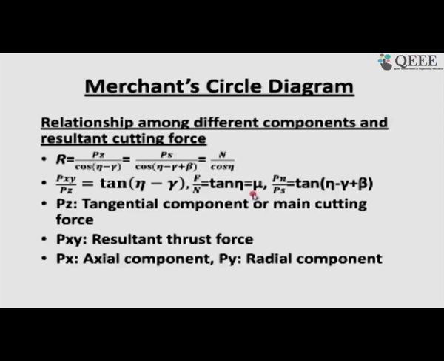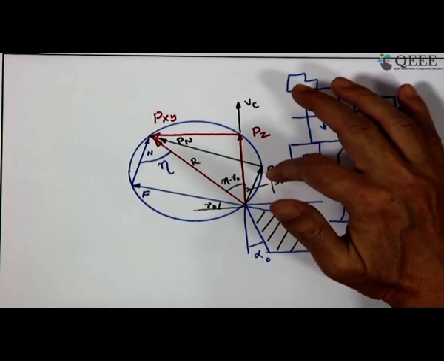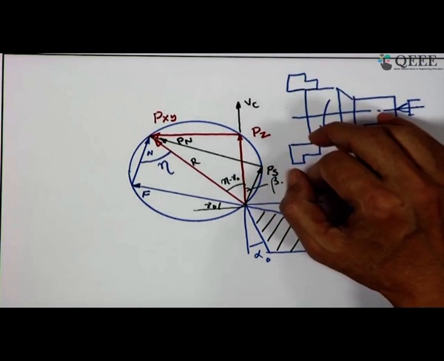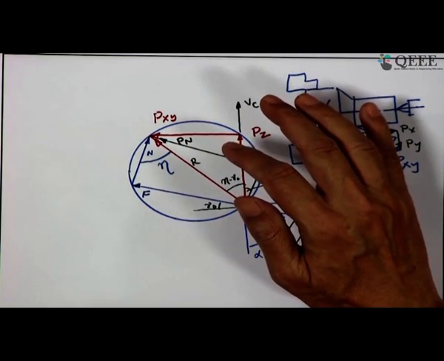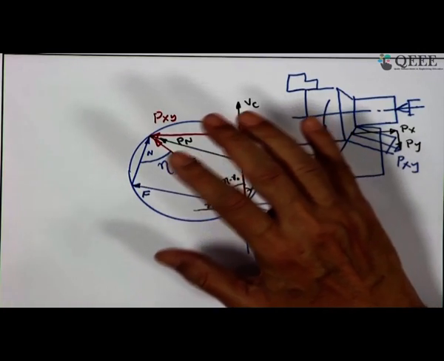Finally, we arrive here the normal force which is acting on the shear plane, and this shear plane and the tangential plane, these two are connected by tan eta minus gamma. So, please have a look on the sketch what I have made, and then you follow the relation, everything should be very clear to you.